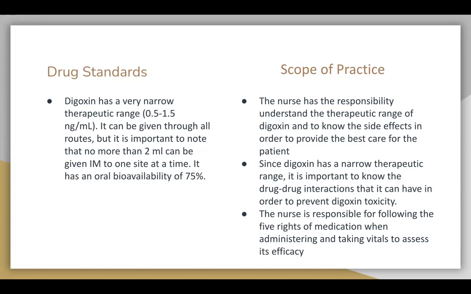As far as the nurse's responsibilities go, it is important to understand medication administration, including the 5 rights, understanding the side effects of the medication in order to effectively monitor your patient, and knowing drug-drug interactions. Also, after giving this medication, it is important to monitor vitals to see the efficacy of the drug.